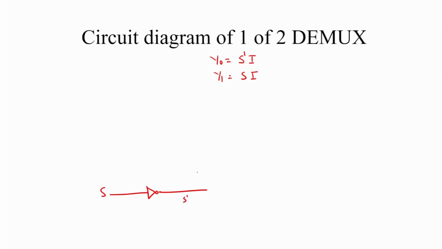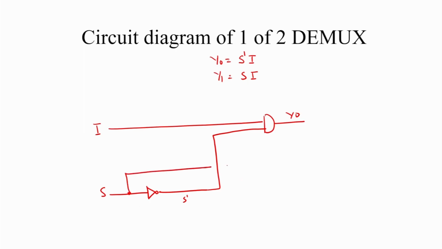Then we take a single input line, and this input line is connected with the complement of S through an AND gate, and this gives output y0. Output y1 is S into I: S is taken from here, I is taken from here, and we connect both using an AND gate, and this is y1. So this is the circuit diagram of the 1 of 2 demux.